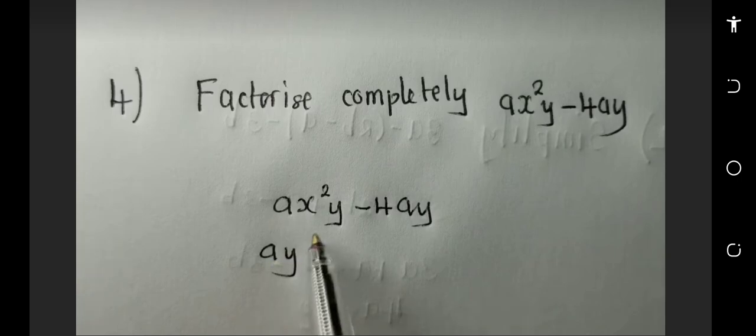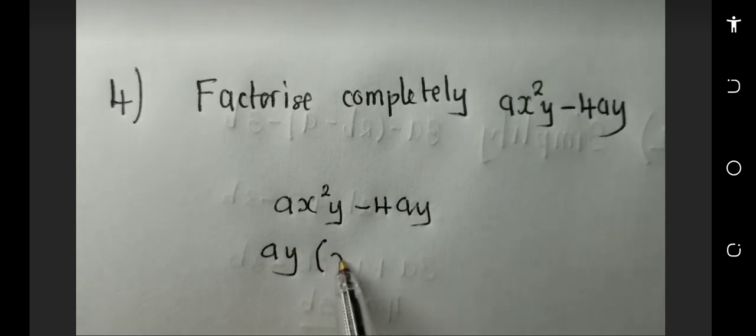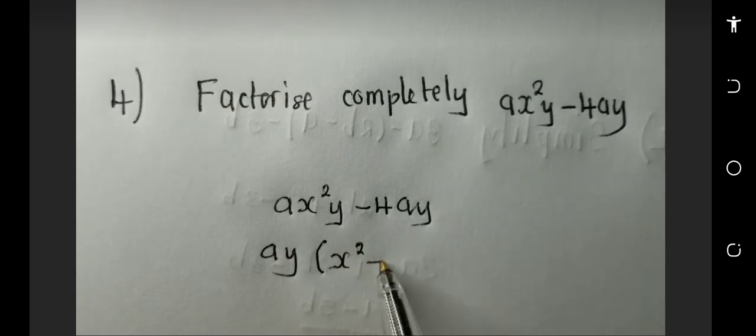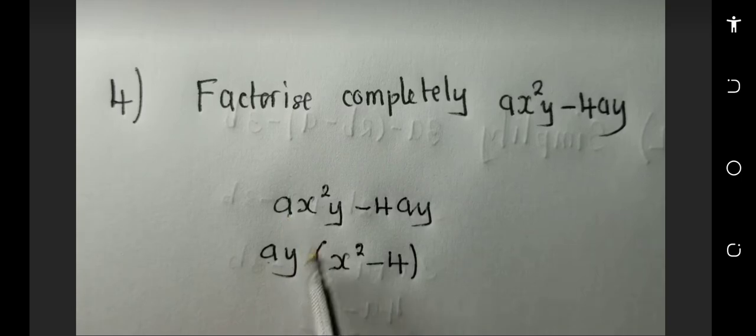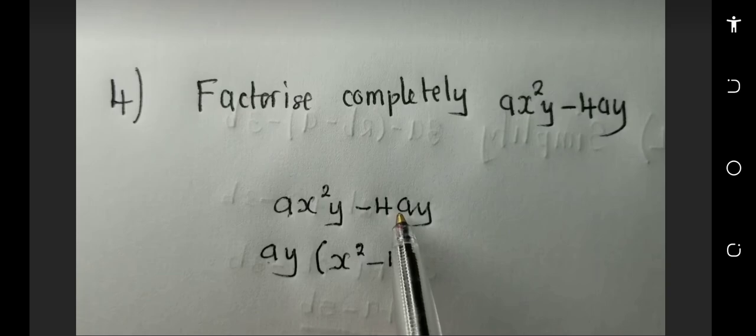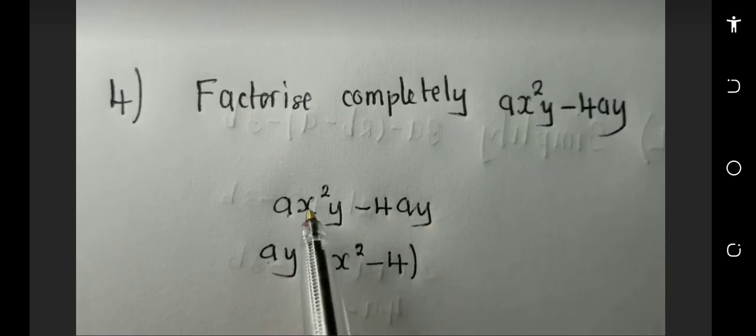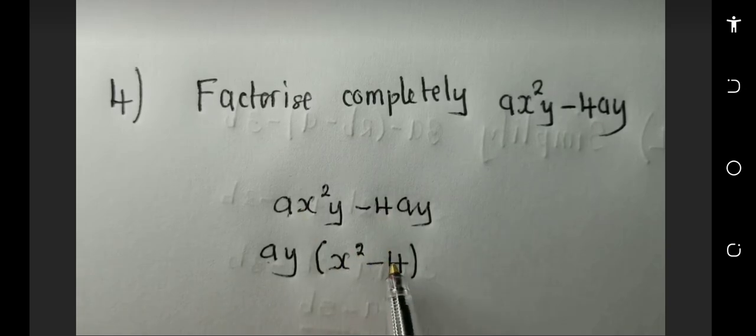Okay, so there is a here, there is y, a and y. We open brackets, so we have x power 2 minus 4. A and A will cancel, y and y will cancel, a and a right here will cancel, y and y will also cancel. So here we just remain with x power 2, here negative 4.